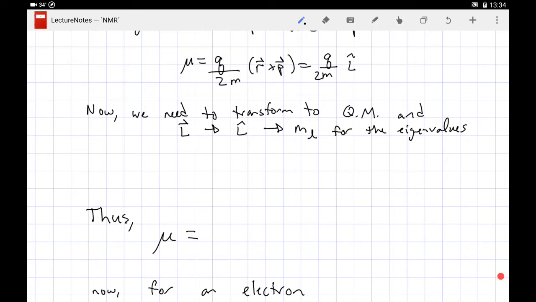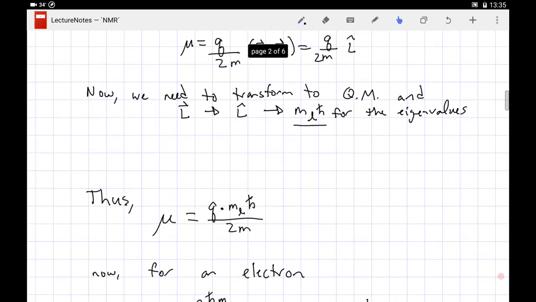So in that case, the dipole moment becomes Q times m sub L h bar over 2m. So again, those eigenvalues are h bar times m sub L. All right, cool. So we've found out what our dipole moment is.